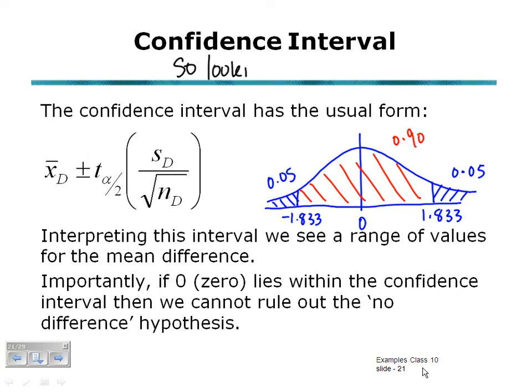So this would be a 90% confidence interval if we used that same critical t value, symmetrical about those 2 points. And again, we're looking to see if a mean difference of 0 lies inside of that confidence interval.